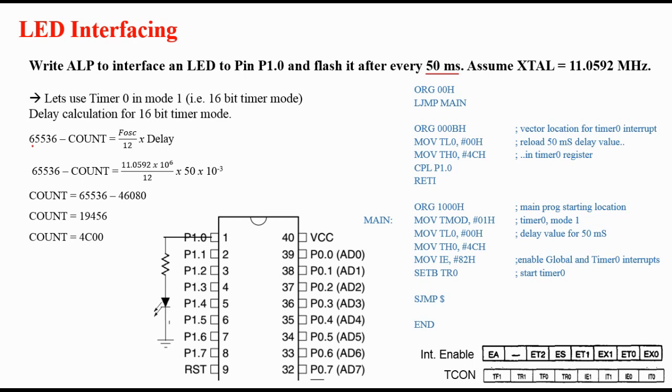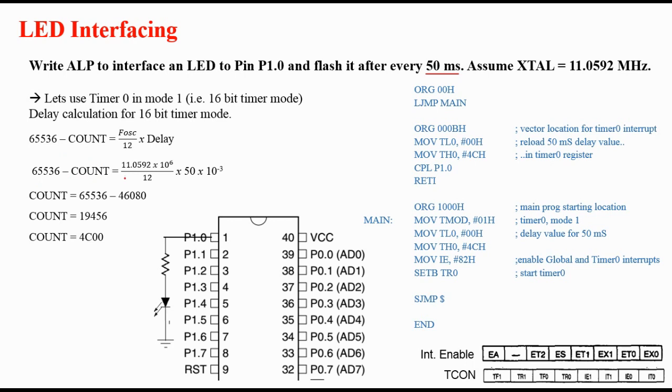We have this formula: 65536 minus count is equal to oscillator frequency by 12 into delay. We know the delay, it is 50 milliseconds. Clock frequency is given, 11.0592 megahertz. We are interested in calculating this count value.